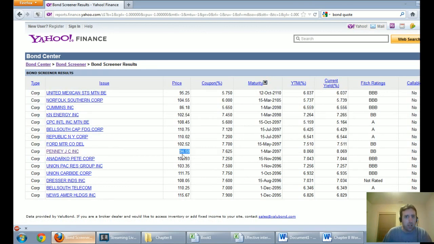They're going to get 94% of the face value of their bond. You can see this Ford Motor gets 102% of the face value of the bond, and you can see the coupons, their interest rate. So interestingly, Ford Motor is offering 7.7% interest, and JCPenney a little bit less, and you can see the bonds are fetching a little bit different amounts.